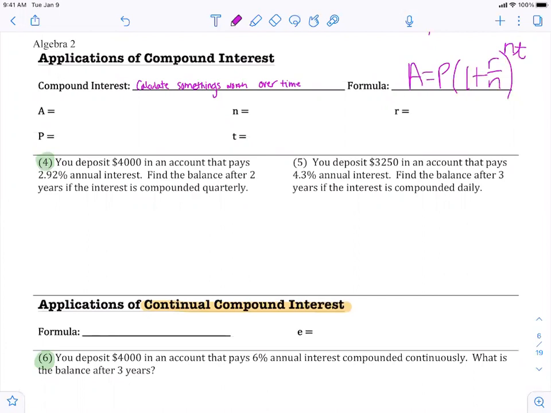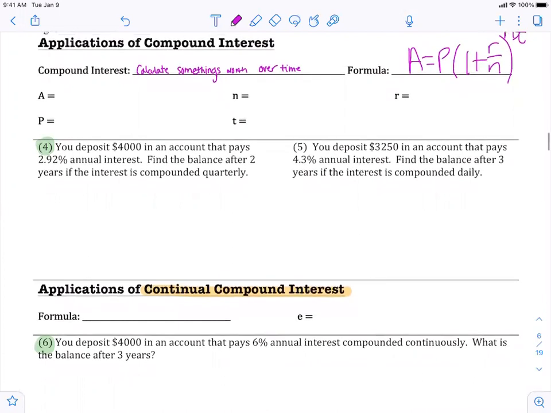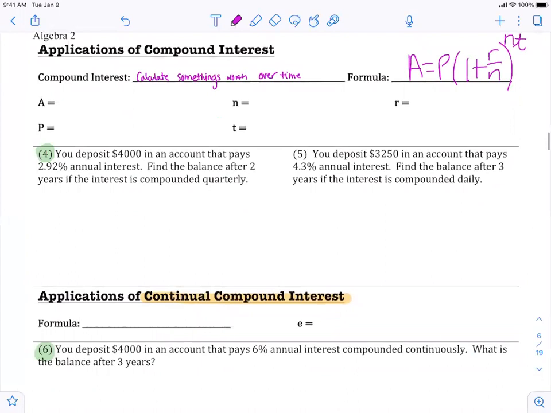Okay. Now, continual compound interest, you'll see that it's going to look kind of similar. The formula for this is A equals P E to the RT, which I will explain in just a moment. But these two formulas are really how we calculate kind of how money follows an exponential curve.